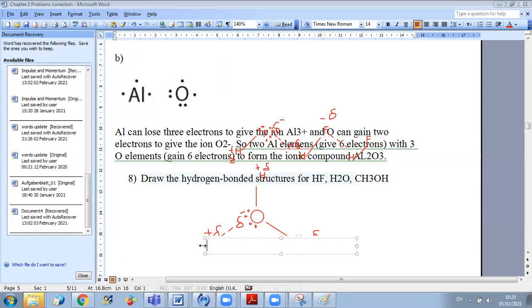So H is here, and this is another H from another OH2 molecule, so I represent the second molecule. So this is oxygen, and I have H. Okay, so I have the other hydrogen down. So this is H. Okay.